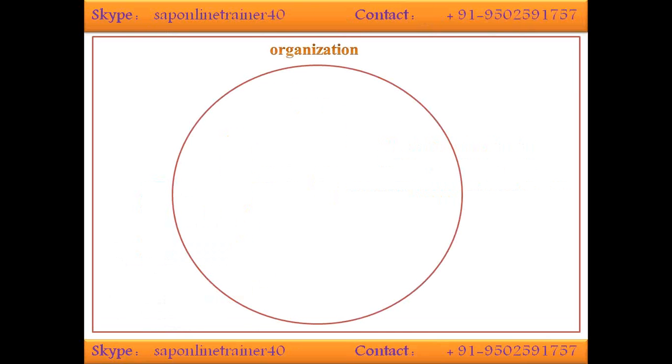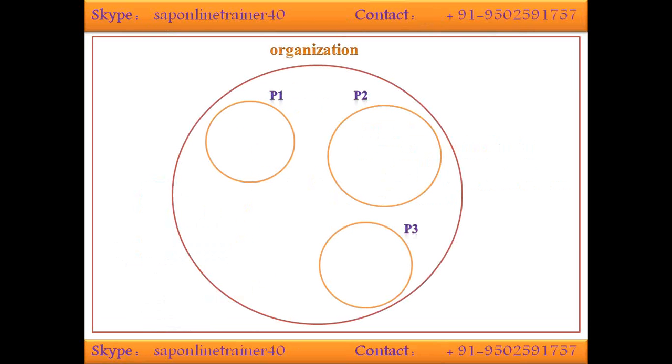Okay, before going to create a view, let me explain a few things. These are the very basic things. Say for example, this is an organization. We all know that every organization consists of different plants such as P1, P2, P3 and P4. Say for example, we have 4 plants in the organization. A material can be present in any plant, in many plants.